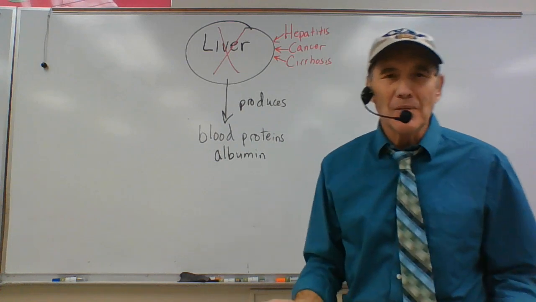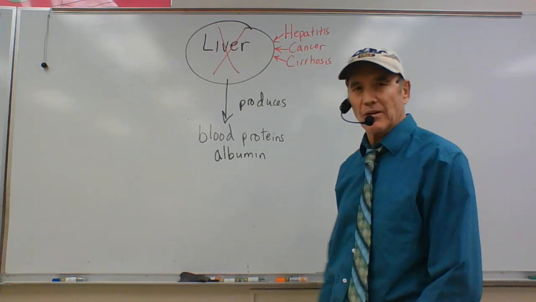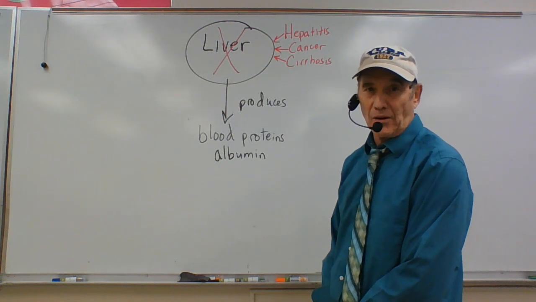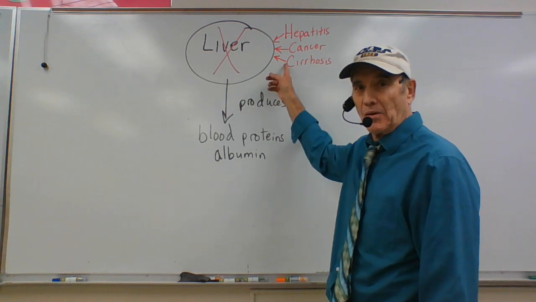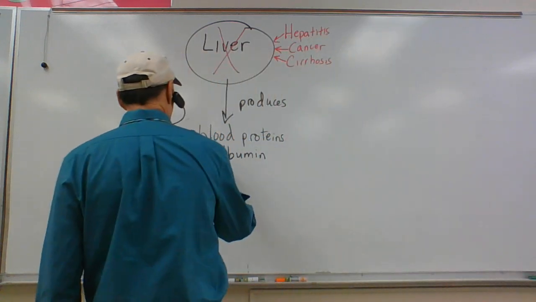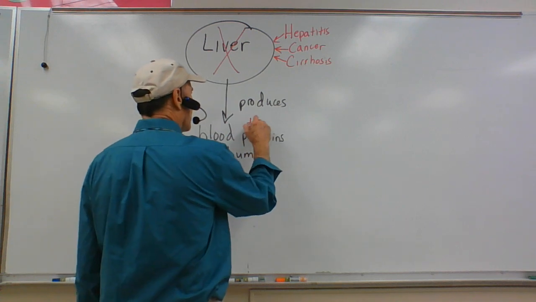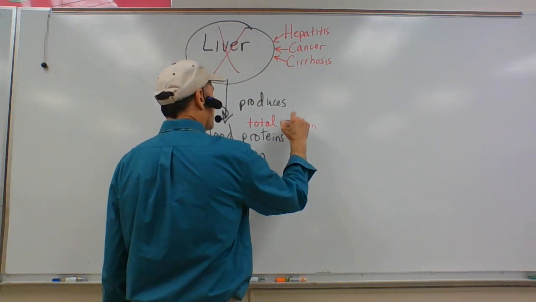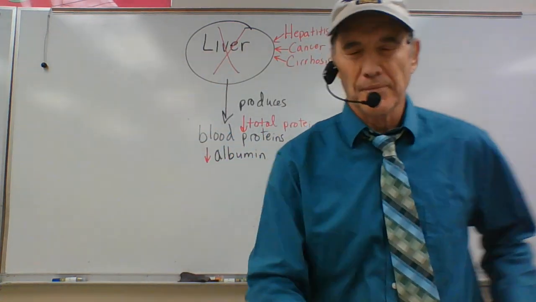So it's not making much of those. So what's albumin going to be in the blood in your chem panel? It's going to be high or low. Be low because the liver's unable to make it. So you're going to find a low albumin level on your chem panel. You're going to find a low total protein on your chem panel because your liver's not able to make them.